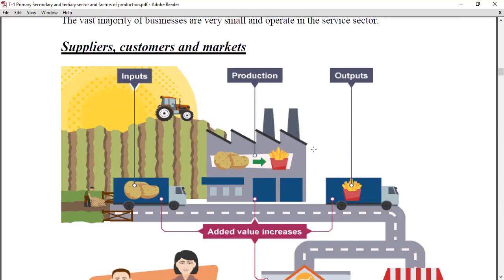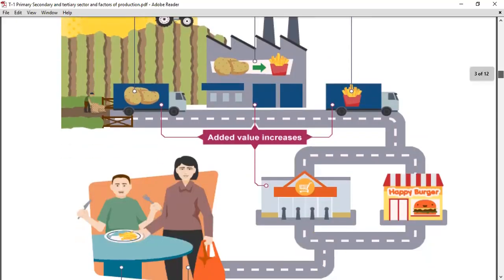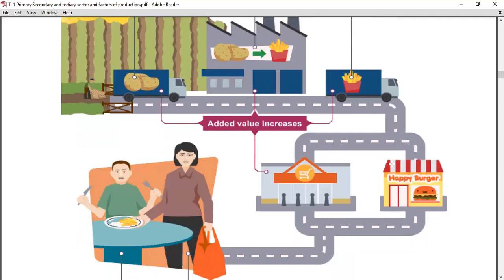That's why we say that everything is interrelated. Farmers are working, but the farmer's output has to be processed, right? The processed output should then go to the next stage. The next stage means they should deliver to the shops, Happy Burger or Burger King, whatever.